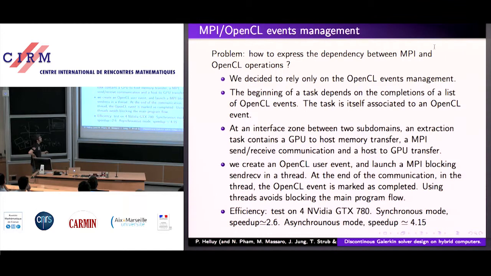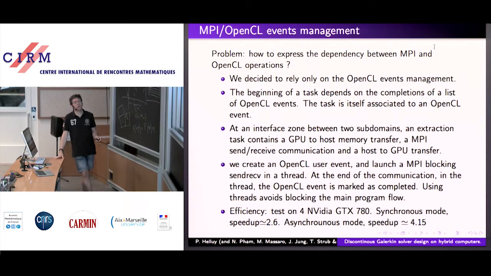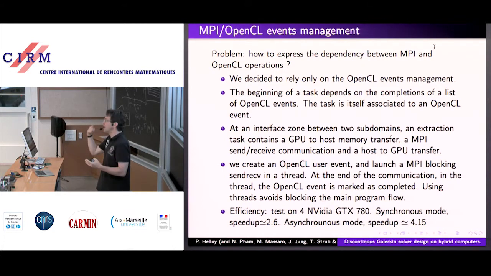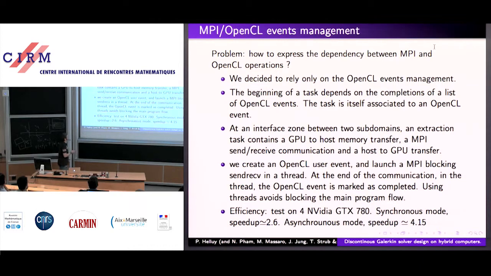On 4 NVIDIA GPU cards inside one computer, in the synchronous mode, we perform the volume computations, wait until they are finished, then send the MPI communication, wait until it is finished, and then go back. We have a speedup with 4 cards of 2.6 compared to the 1 GPU computations.